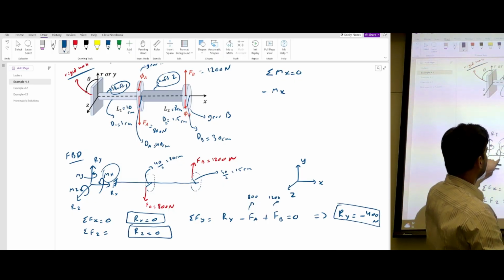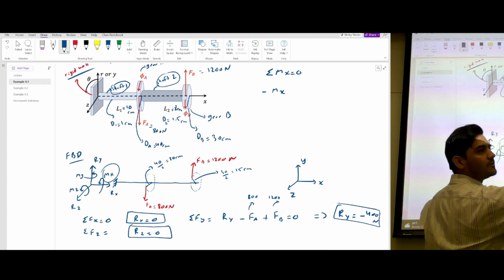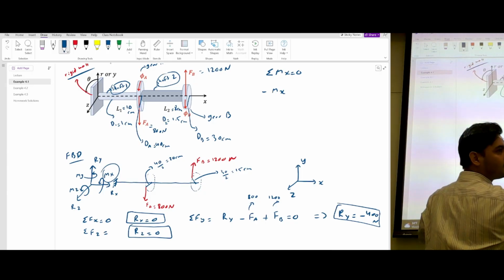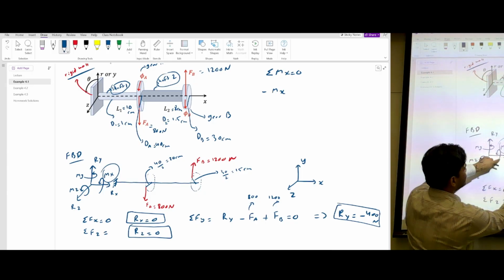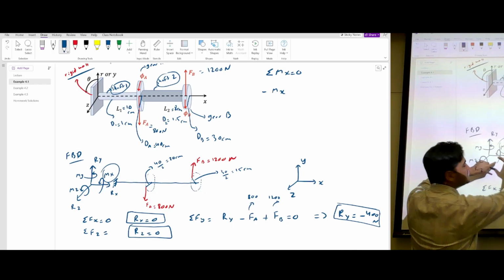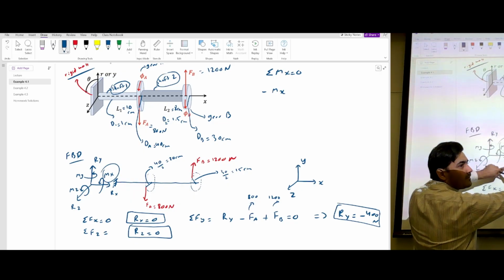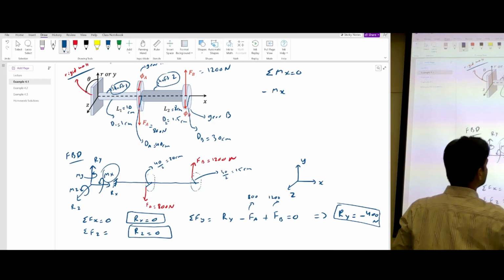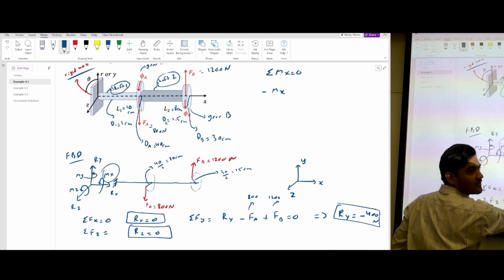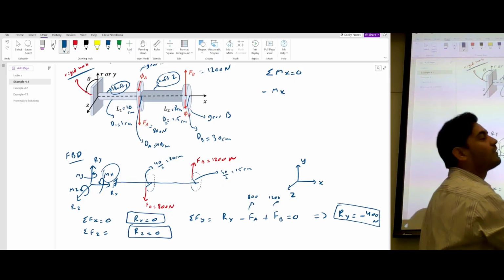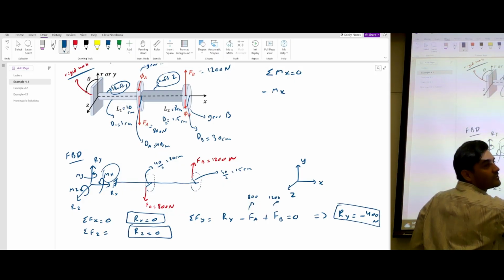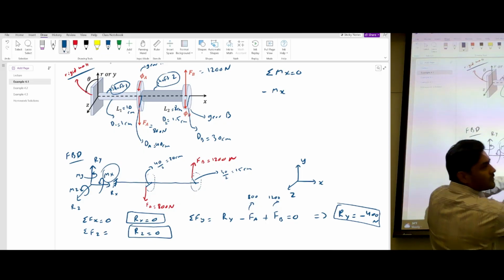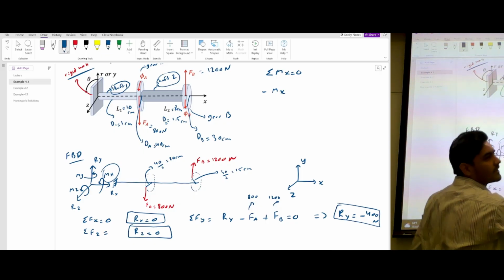So this is the moment, right? Are you seeing it like this? This Mx is rotating like this, right? Does it make sense? Some guys can see. If you think the moment is like this, then you can put positive direction in that case.